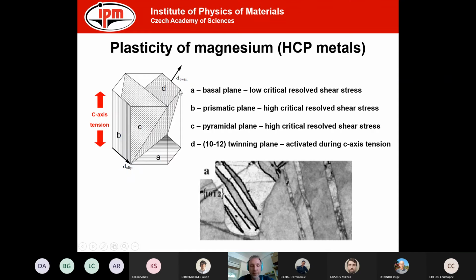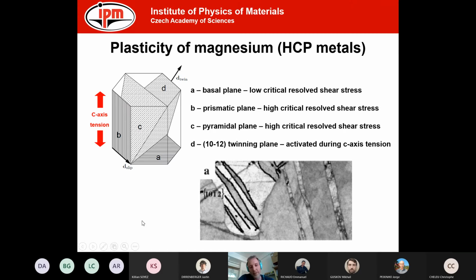Here you can see a sketch of the lattice unit of magnesium, and you have three different types of slip planes. The first one is the basal plane, which has a very low critical resolved shear stress. So the slip in magnesium usually occurs in this basal plane.